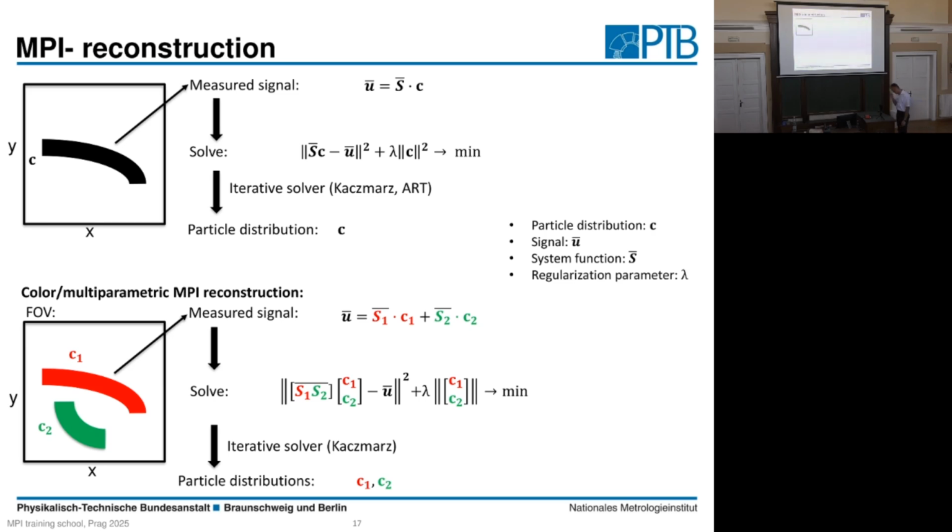Okay, so something about reconstruction. We have this particle distribution C, and we measure it, get a measurement signal, and together with the measured system function, always via Fourier transformation, we have to solve this equation system by minimizing this L2 problem.